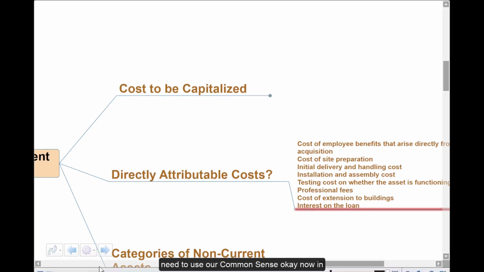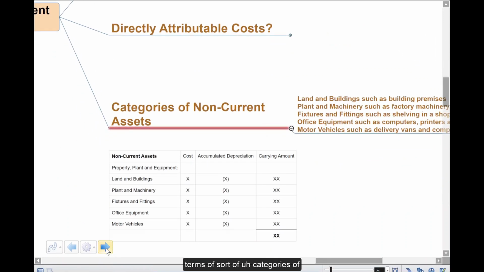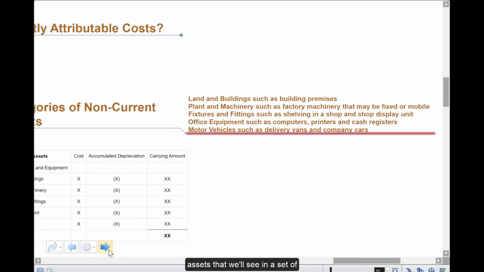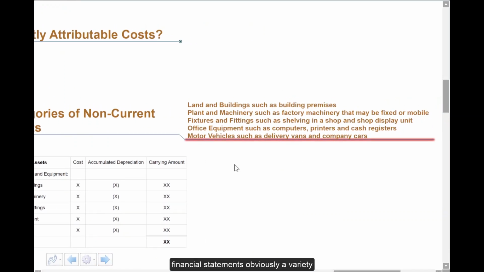Okay? Now, in terms of categories of non-current assets and the types of assets that we'll see in a set of financial statements, obviously a variety. Land and buildings, fairly significant, plant and machinery, equipment, F&F or fixtures and fittings, office equipment perhaps, or motor vehicles. So we're really talking about large, tangible, physical items.